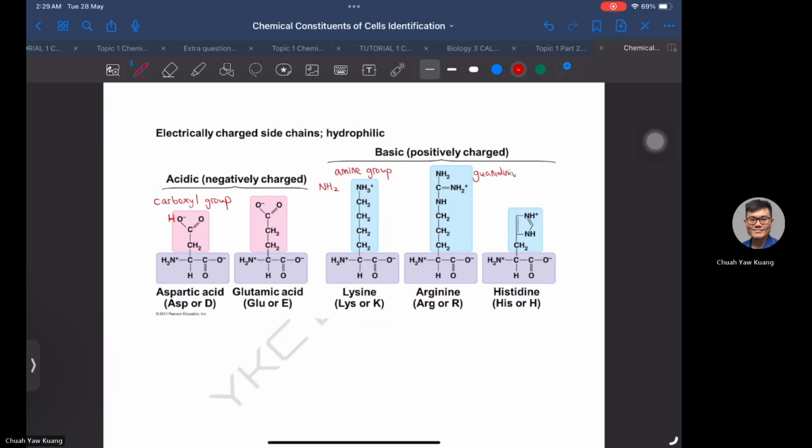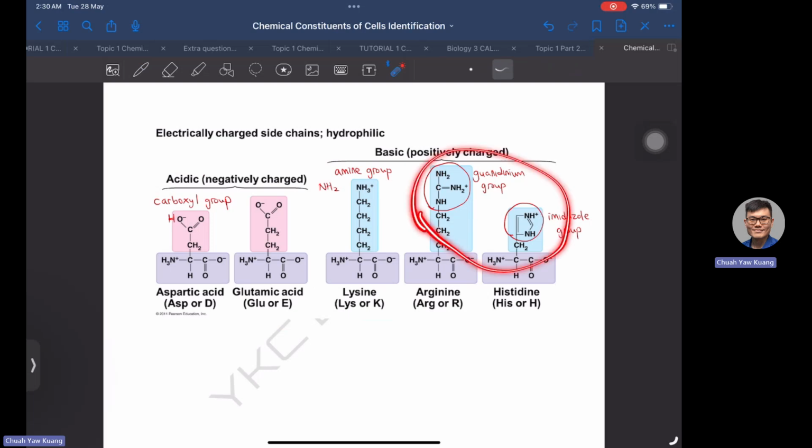I circled out the guanidinium group, and for histidine, it is actually the imidazole group. That is their functional group. But both of these are not in our syllabus. You will learn in detail when it goes to the amino acid topics in chemistry.